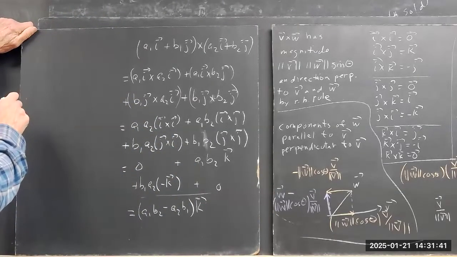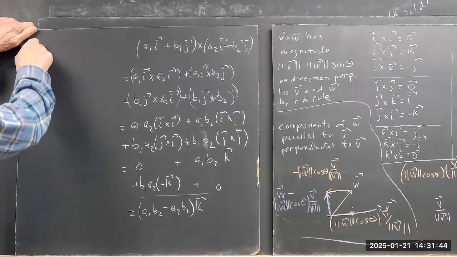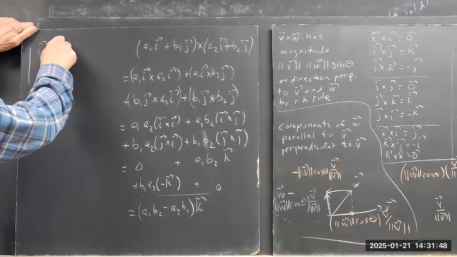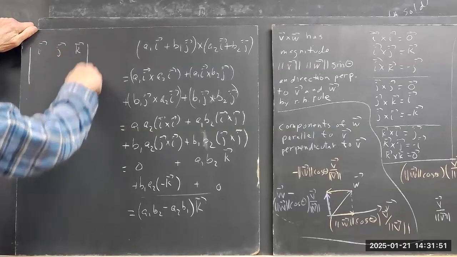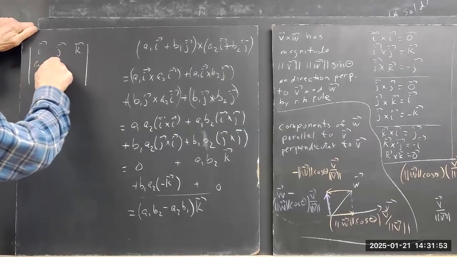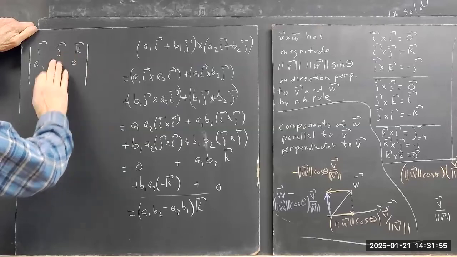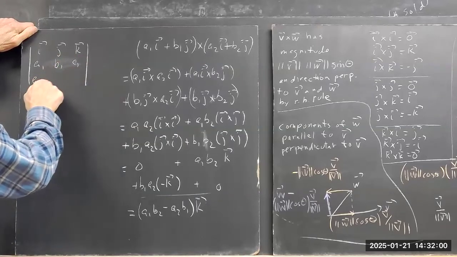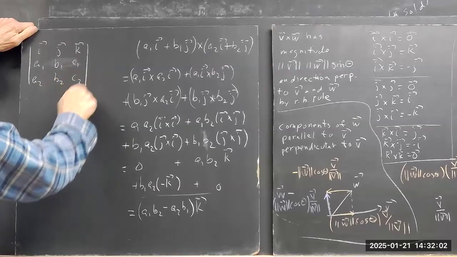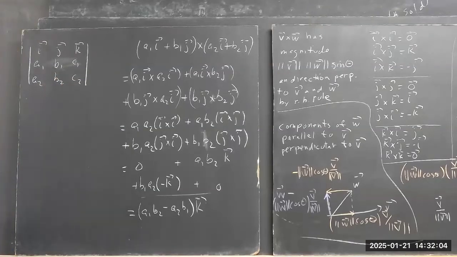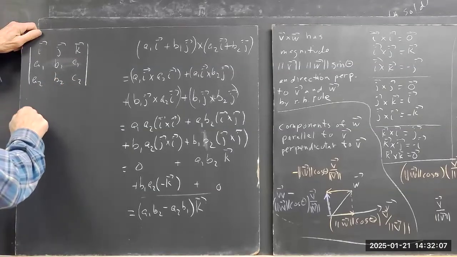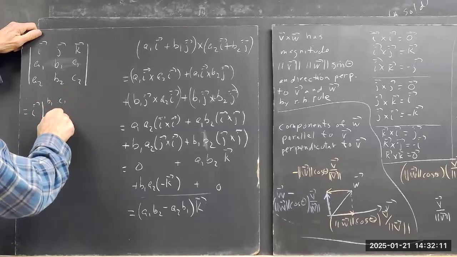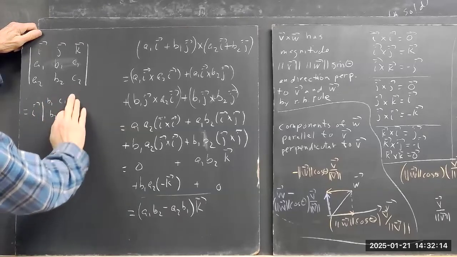In general, you're gonna end up doing a determinant like this. And that's gonna equal I times the determinant V1, C1, V2, C2.